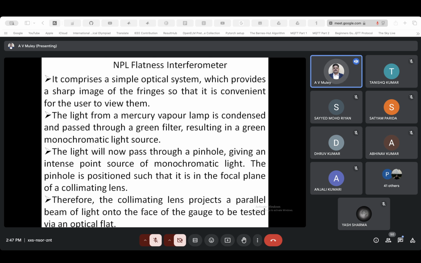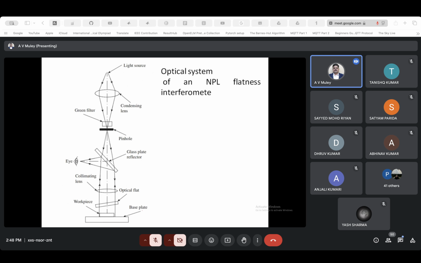The pinhole is positioned such that it is in the focal plane of the collimating lens. Therefore, the collimating lens directs a parallel beam of light onto the face of the gauge to be tested via an optical flat. So look at this particular one.